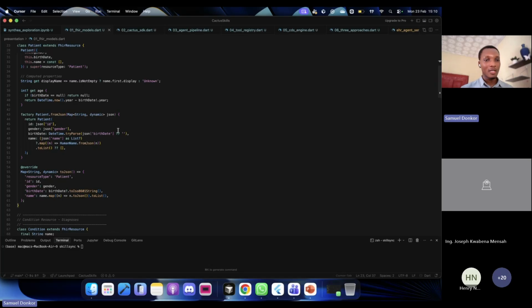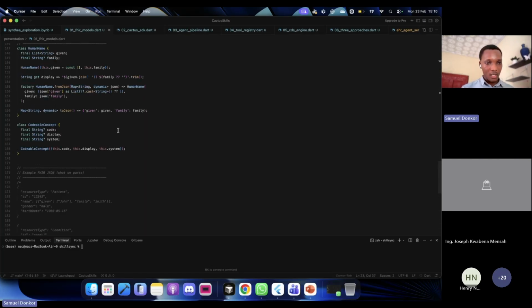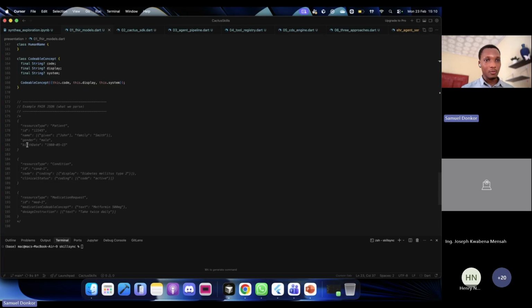So that's what it looks like. That's what you get. Let me scroll way down. You have the JSON, and then there's what you get as an output, right? So you have the resource type, which is the patient, and then you have the ID, and then the name, the gender, the birth date, and all that, right?